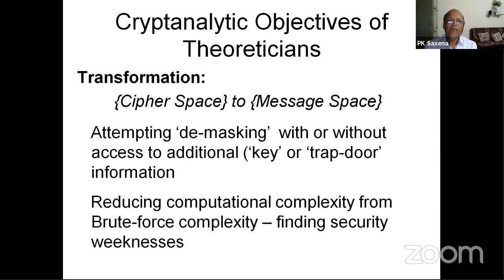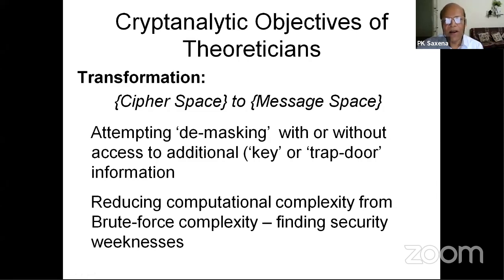But if we look at cryptanalysis per se, many times it has a different connotation, a different meaning. For theoreticians, even if we are able to reduce the key space and searches, that is known as cryptanalysis.